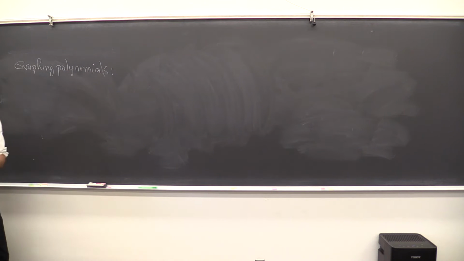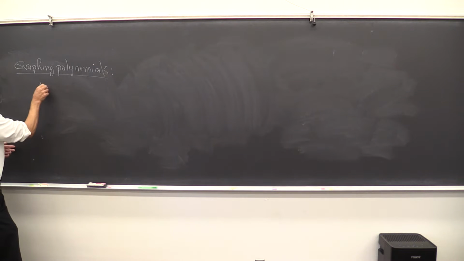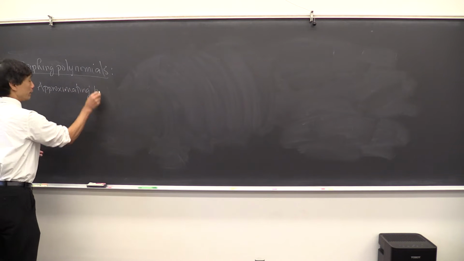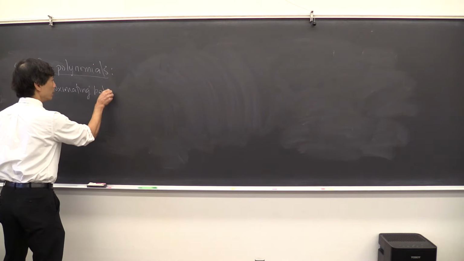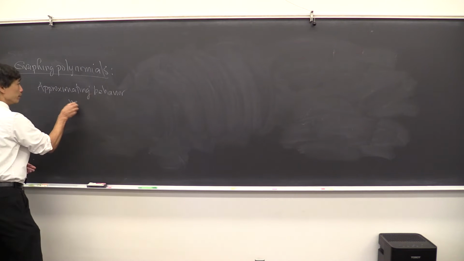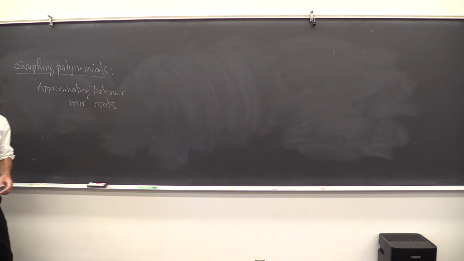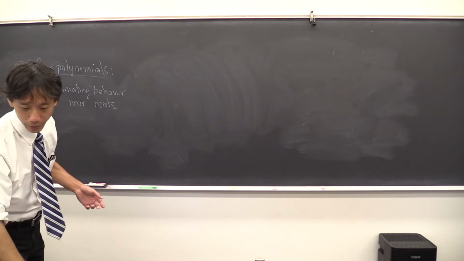And we were able to do something kind of cool, which was to get a pretty good approximation of the behavior near roots, near the zeros of the polynomial. You guys remember that? There was this kind of complicated rule.